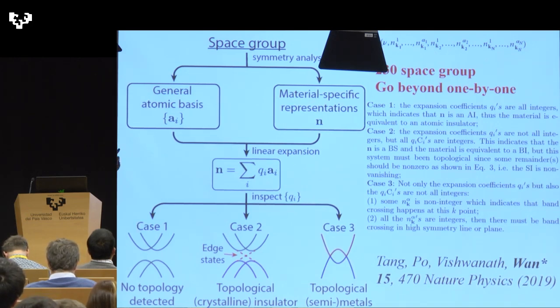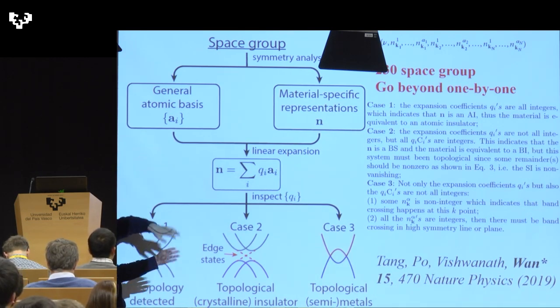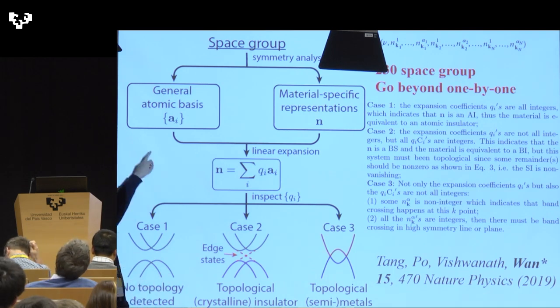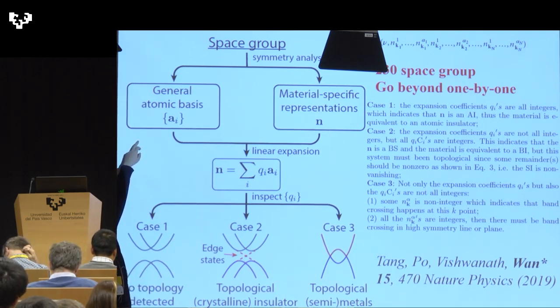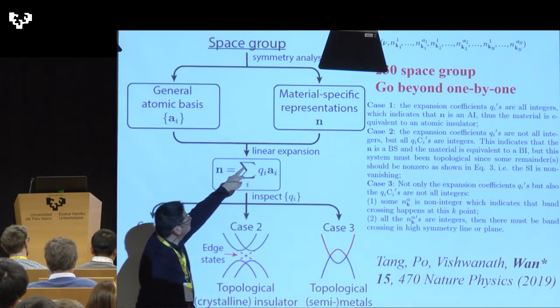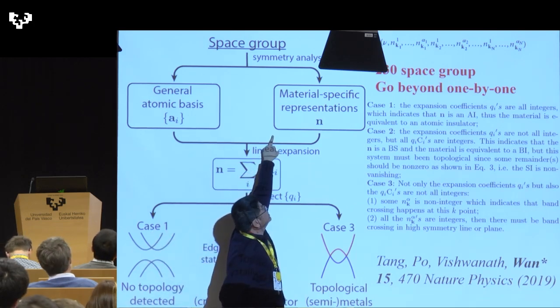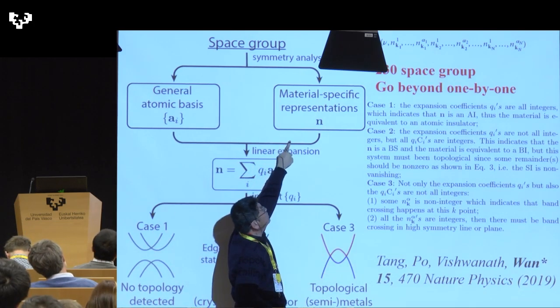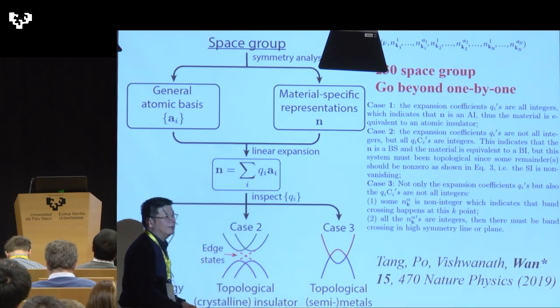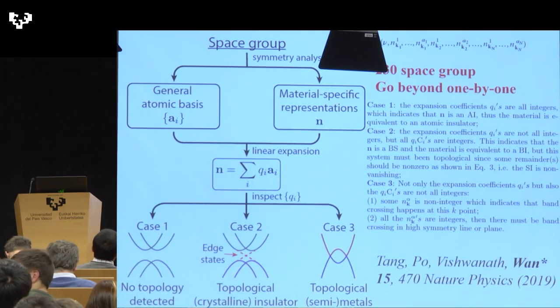For any space group, we can calculate the atomic limit base vectors and store them somewhere. To finish this step takes just half an hour on a laptop. And then for this step, you use the DFT calculation. You calculate the occupied bands, and then you calculate the representation at the high symmetry points.